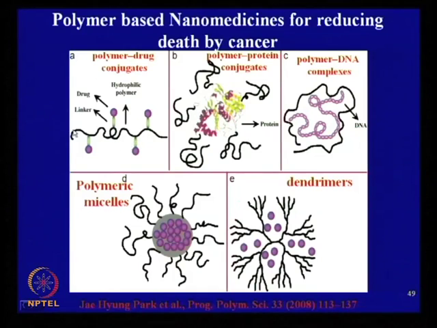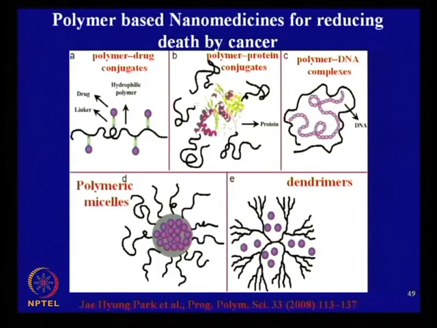What will happen when this system reaches there? This linker will be broken, releasing the drug. In other parts of the body, that linker will remain stable, but in the affected site this linker will be broken and the drug will be released. So, this is the concept.